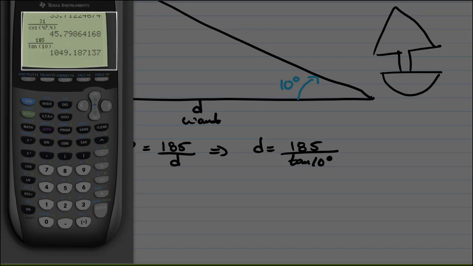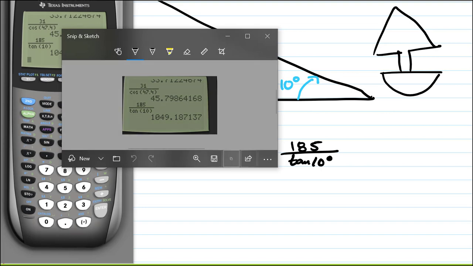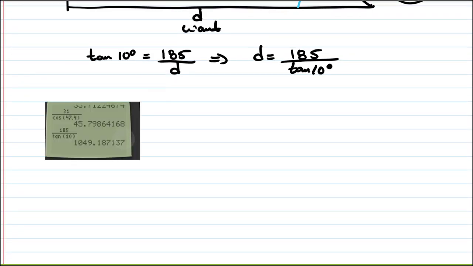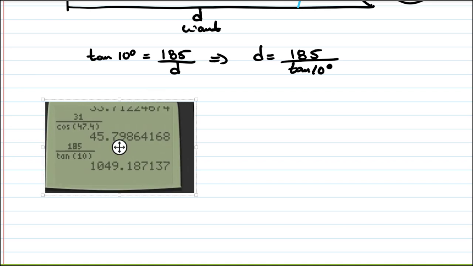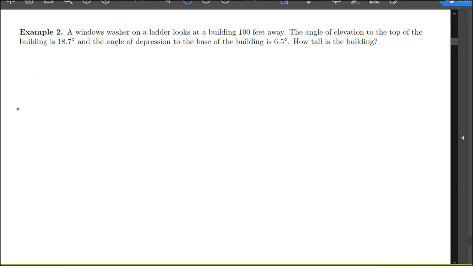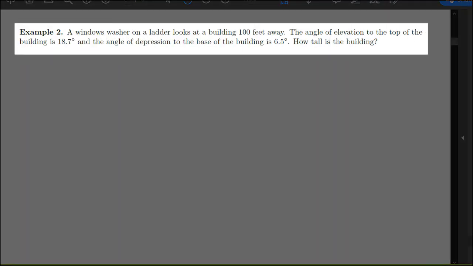So it appears that the boat would be about 1,050 feet-ish. 1,049 or so feet from the lighthouse. All right, let's take a look at our next one. Example 2.